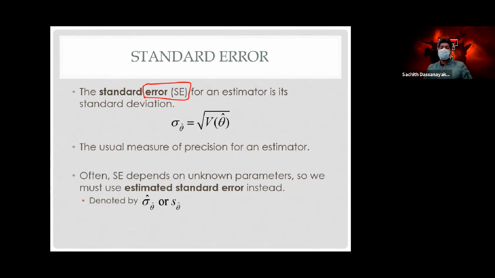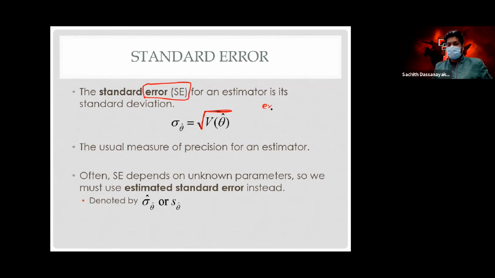Likewise, we can check the standard error of an estimator: the square root of the variance of that estimator gives you the standard error. You can check standard error for an example.